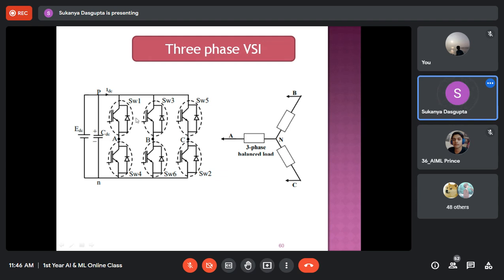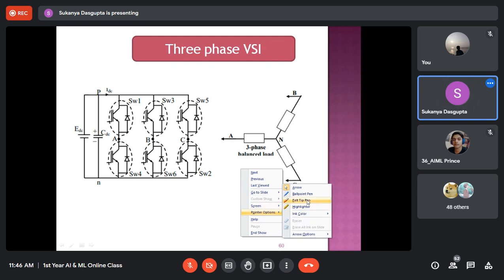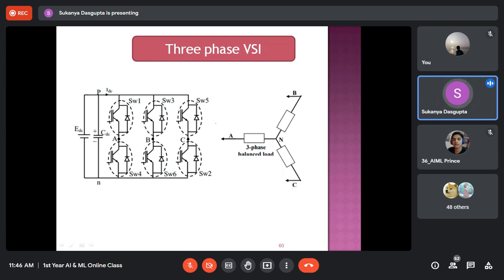Okay, so the current needs a path to get back to the negative supply, the negative DC voltage. And what are the possible directions, possible ways?